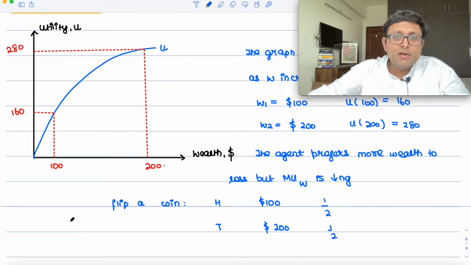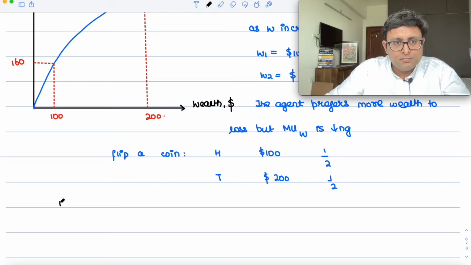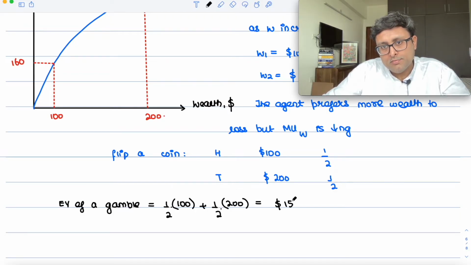So the expected value of this gamble is: with half probability of getting head, you will be getting $100, and with half probability of tail coming, you will be getting $200. So this is $150.